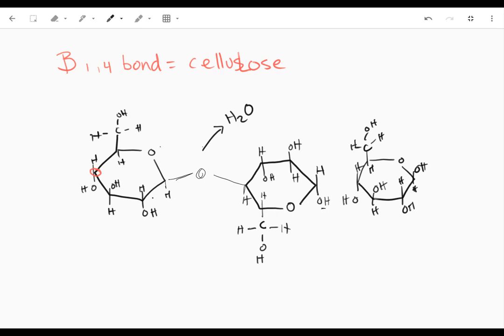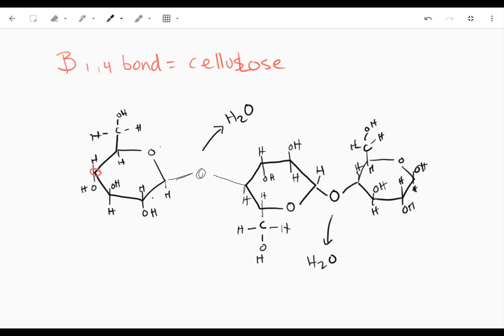And look, there's my 2 hydroxyls. They're in the same plane again. They're going to go dehydration synthesis. Okay, and so we'll make that bond, leaving behind an oxygen.